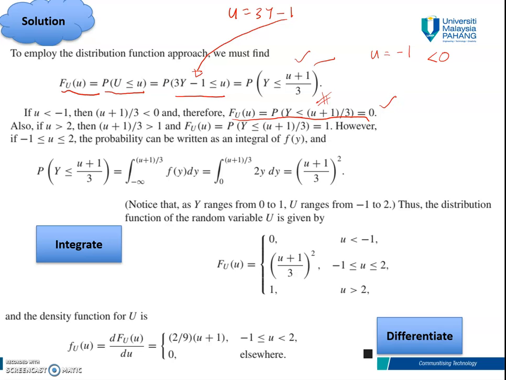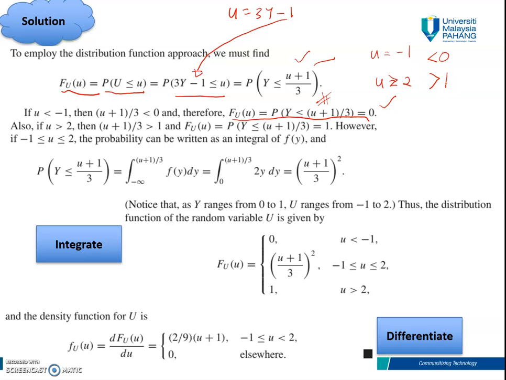The first one. And then let's say if you put u equal to or greater than 2, let's say we put 2 here. 2 plus 1 is 3. 3 over 3, you get 1. Let's say you put 3 here. 3 plus 1 is 4. 4 divided by 3, you still get greater than 1.